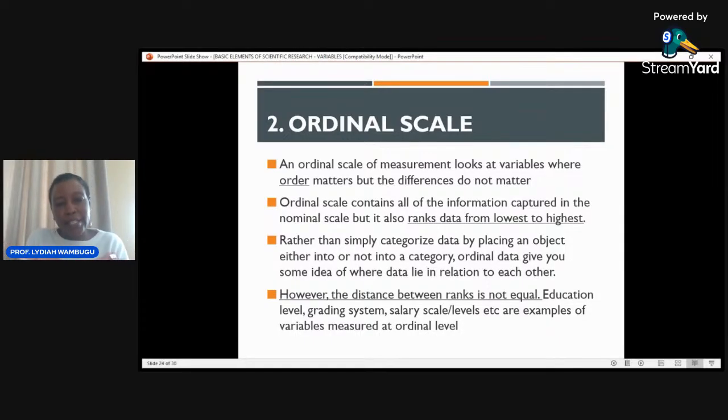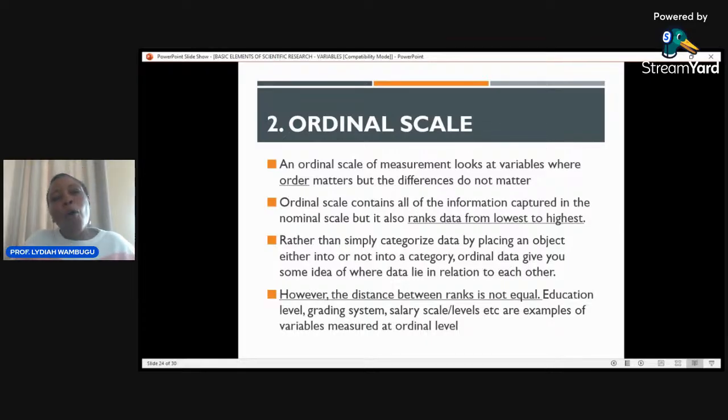I want to give an example. If we talk about the grading system, many universities will say 70 to 100 is an A, 60 to 69 is a B, 50 to 59 is a C, below 50 is a fail.